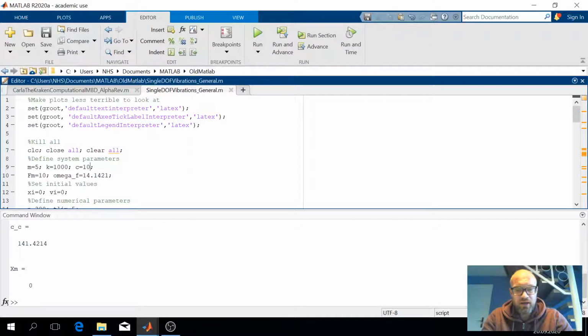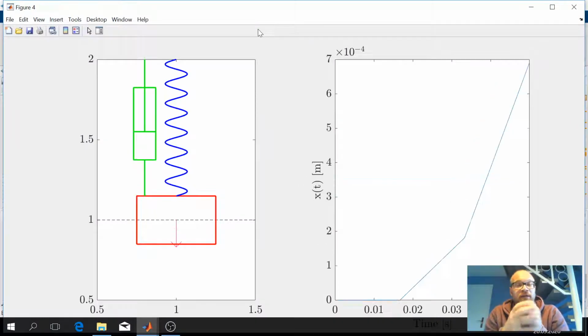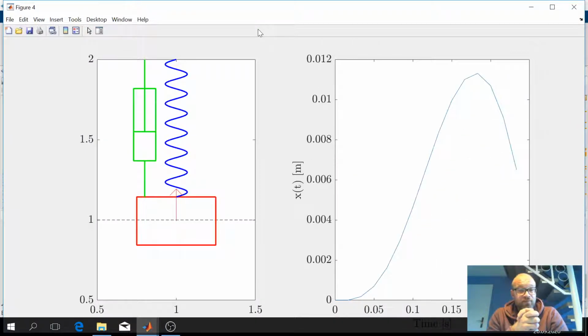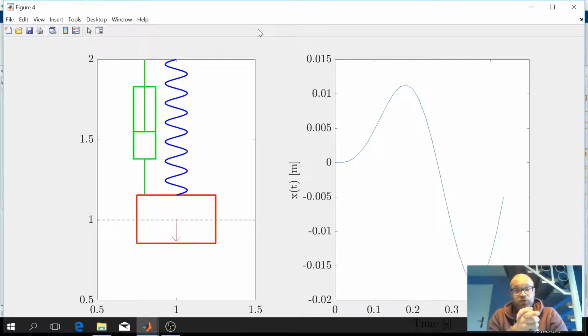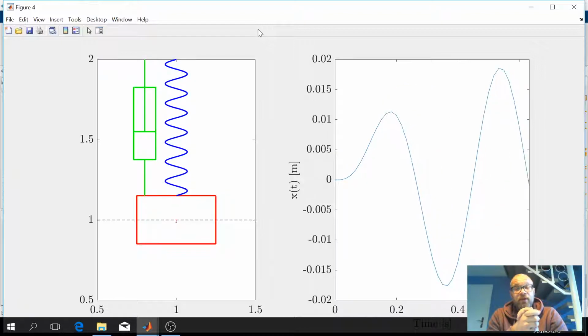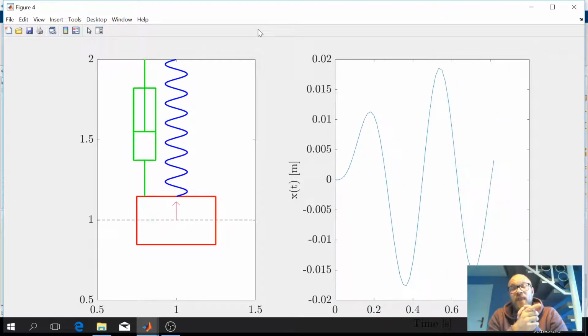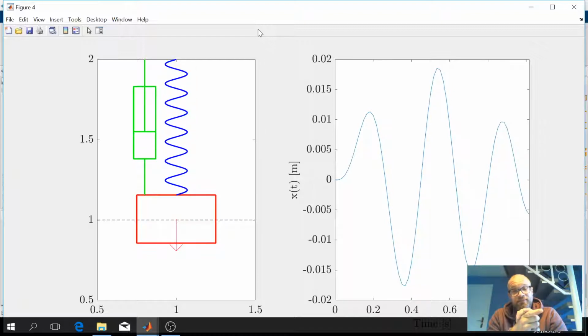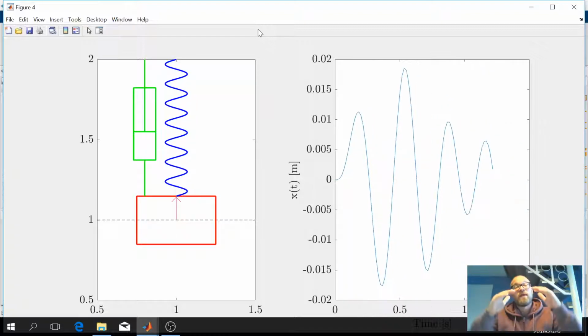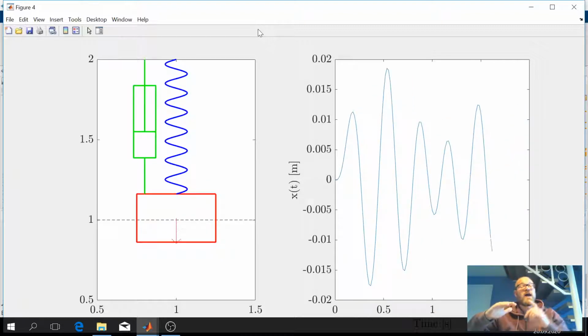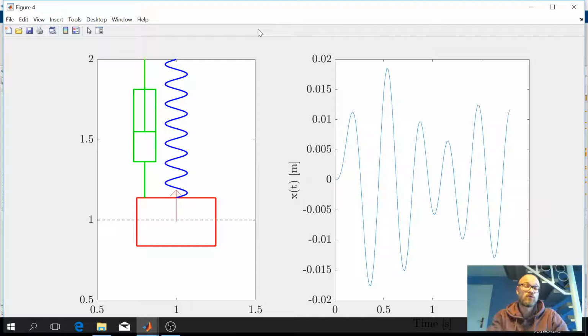If I now add a frequency of the forced excitation above the natural frequency, let's go for 20, then here's what happens. Right. We'll see that after a short while, displacement and force are no longer in phase, meaning that when my mass is in maximum downward position, I have a force acting upwards.